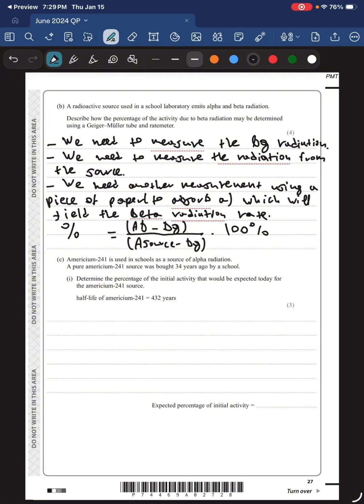And this will give you what the percentage of beta radiation is from that source.